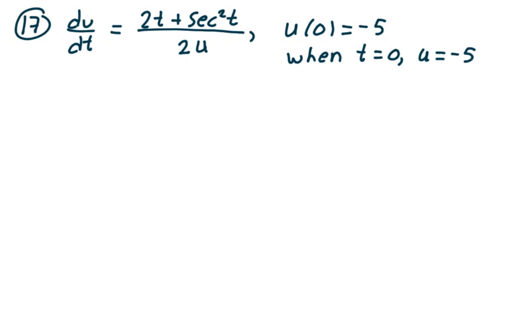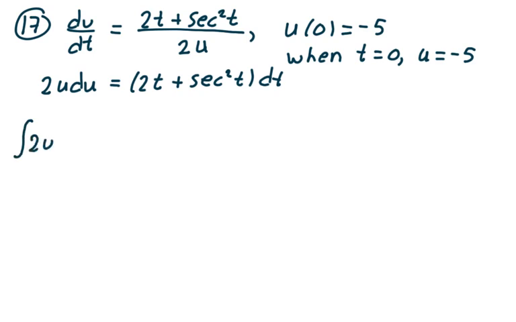So this differential equation can be rewritten as follows. We can say 2u du is the same as 2t plus secant squared t dt. Integrate both sides. So the integral of 2u du is the same as the integral of 2t plus secant squared t dt.